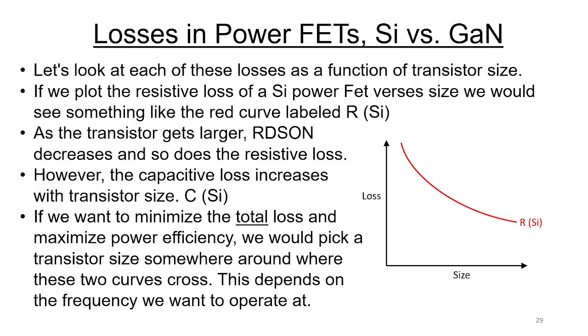However, the capacitive loss increases with transistor size. And that's this curve. If we want to minimize the total loss and maximize power efficiency, we would pick a transistor size somewhere around where these two curves cross. Now this is going to depend on the frequency we want to operate, because this capacitive loss changes with frequency.